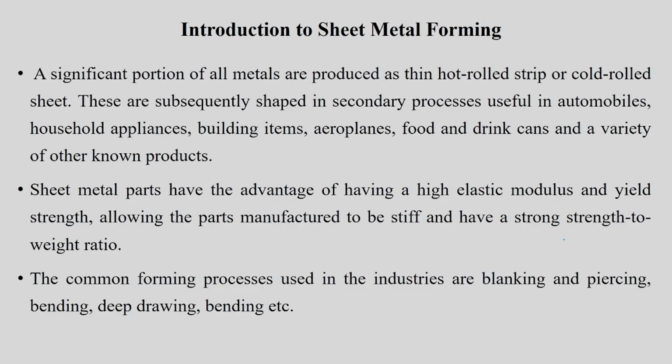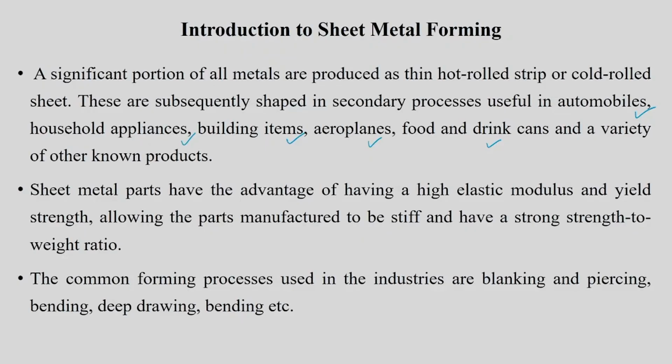They are plastically deformed and certain shapes are made, to make useful components in automotive industries, household appliances, building items, aerospace structures, commonly used food and drink cans, and a variety of other known products.